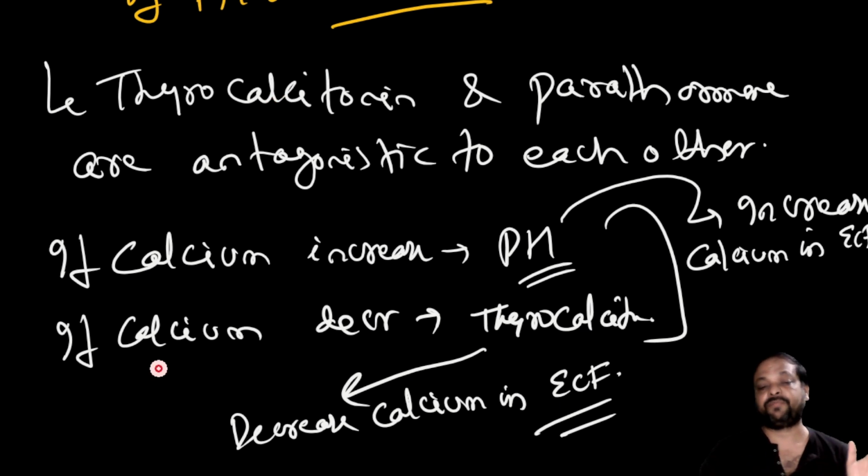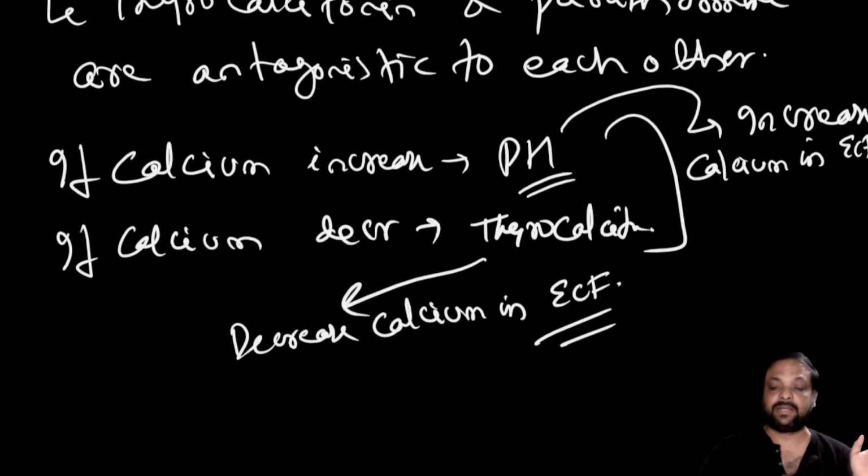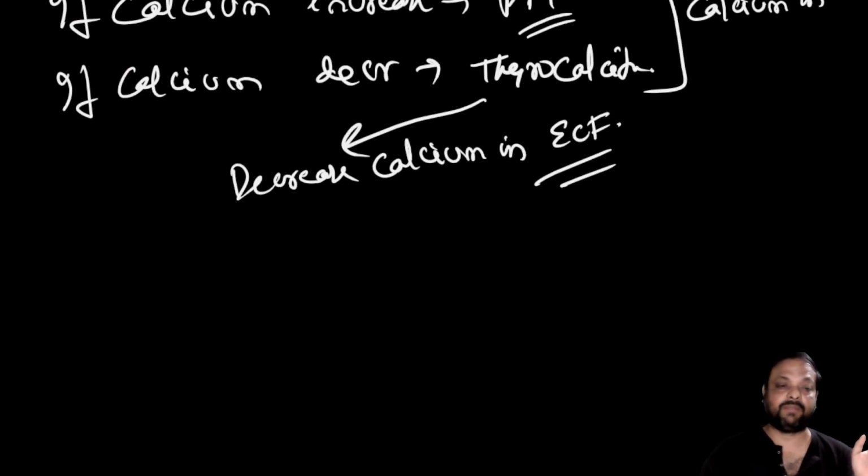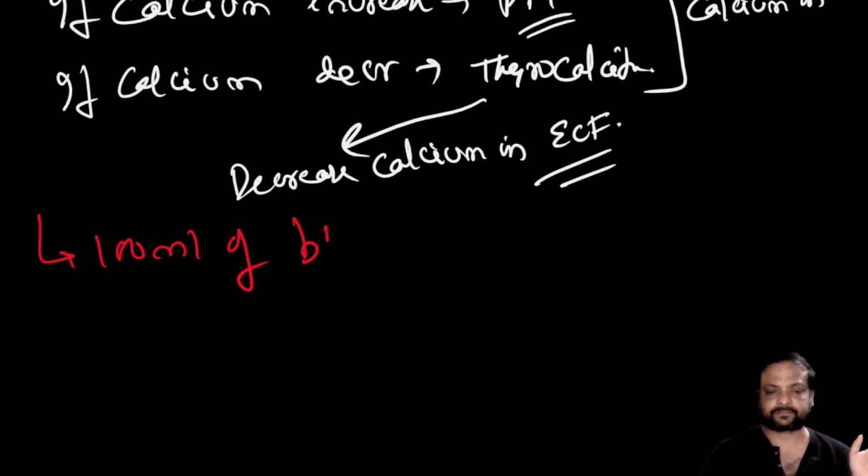So we have discussed the physiological action and the hormonal action, and we know very well that normally in 100 ml of blood, if the question asks, the normal calcium level should be 12 milligram.